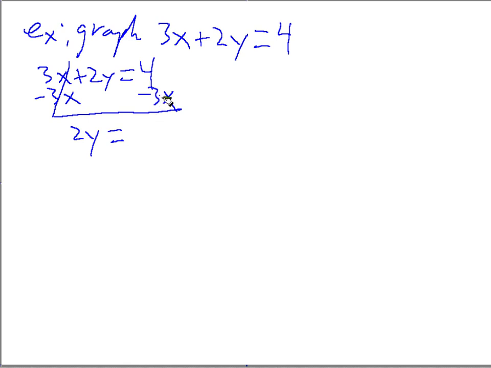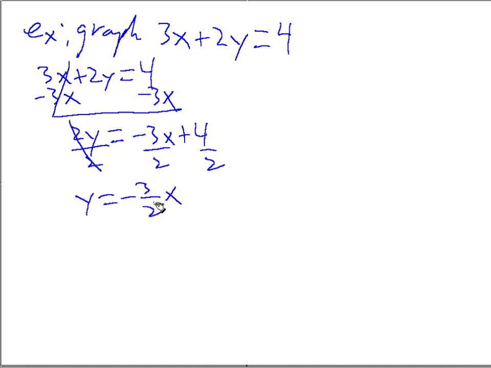So 2y is going to be, again, write the x term first, -3x plus 4. Divide both sides by 2, so divide everything by 2. So y is going to be -3 over 2 x, plus 4 over 2, which is +2.